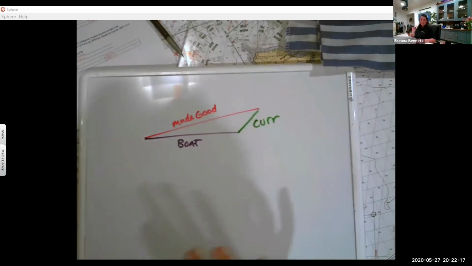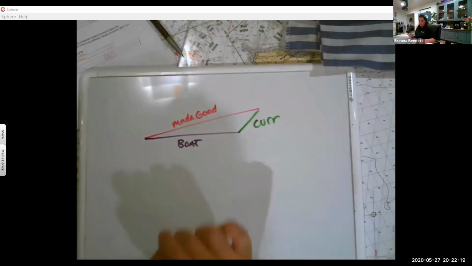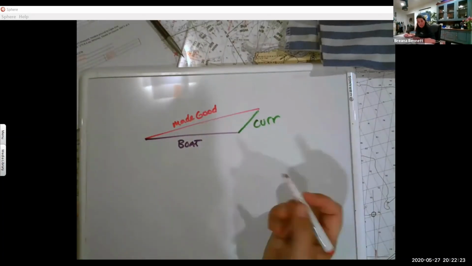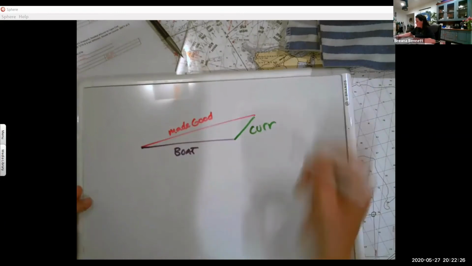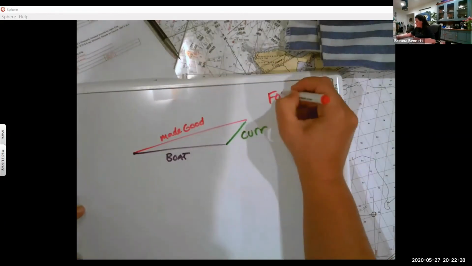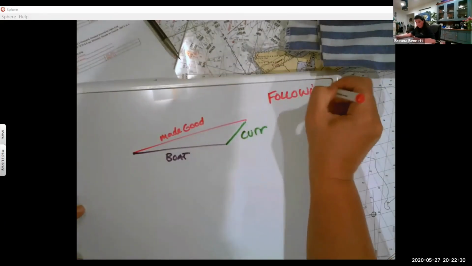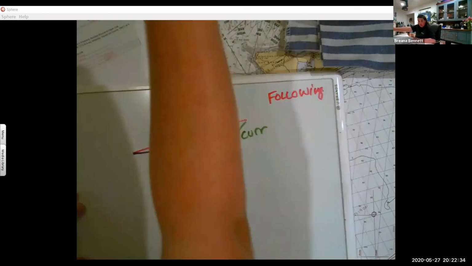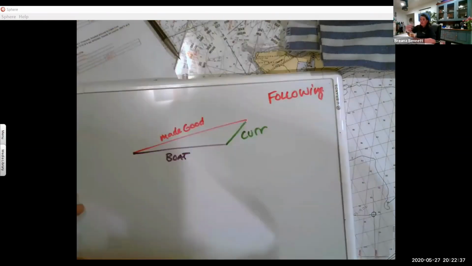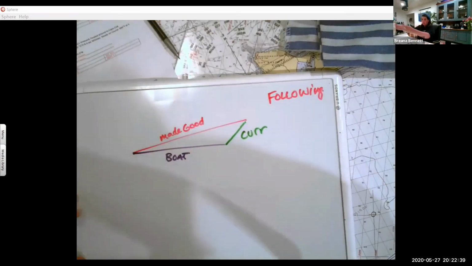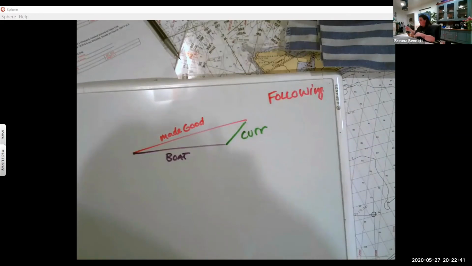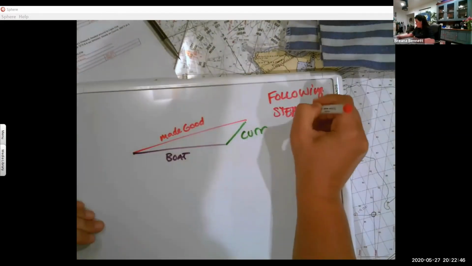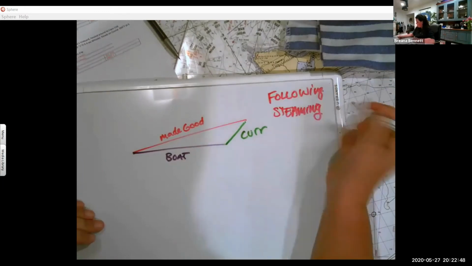What happens when it gets completely flat, and how do we measure that? And what I mean by completely flat is if you have a following current, which means it's directly on your stern, so it's pushing you along, or a head-on current, you're stemming the current. That means it's directly on the bow, really slowing you down. You're stemming the current. I don't know if I spelled that right. Head-on.